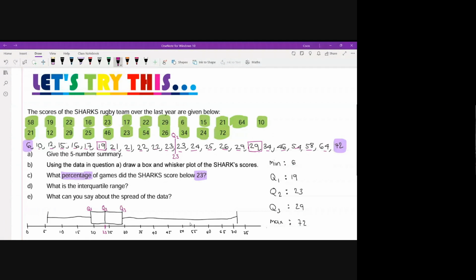What does our data do, or what does Q2 do to our data exactly? What does the median do? How does it split our data? Anybody got any ideas?